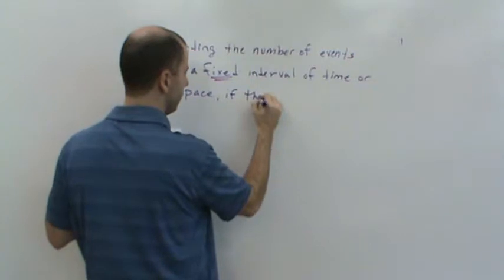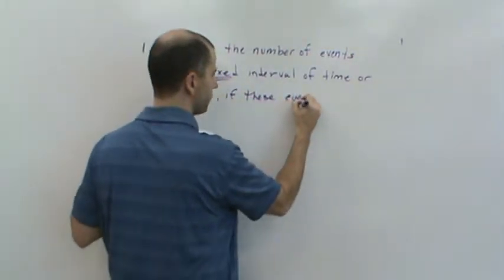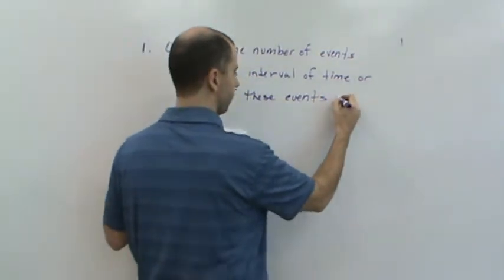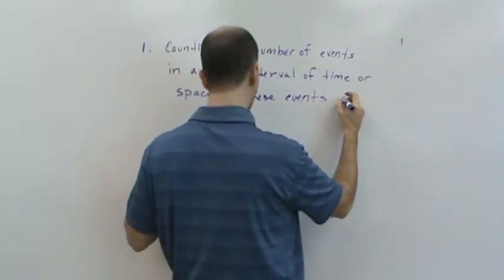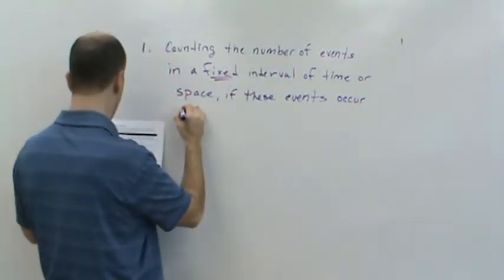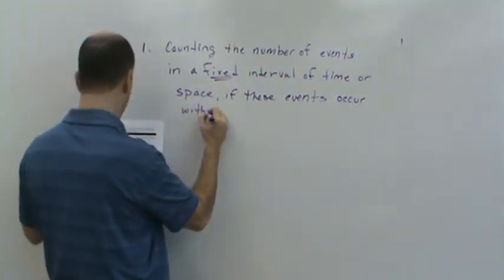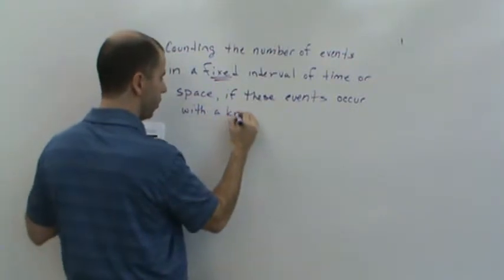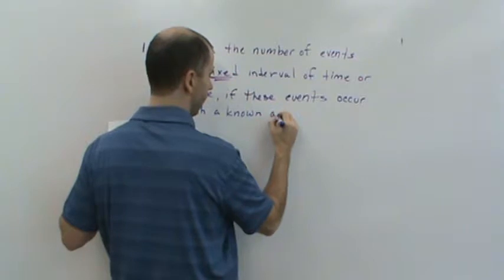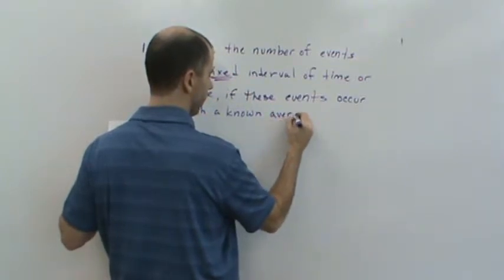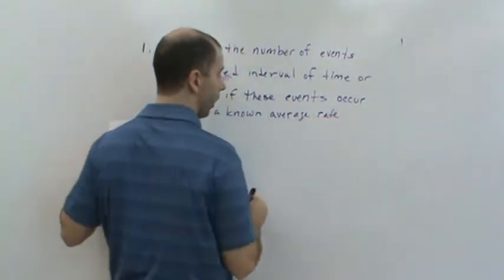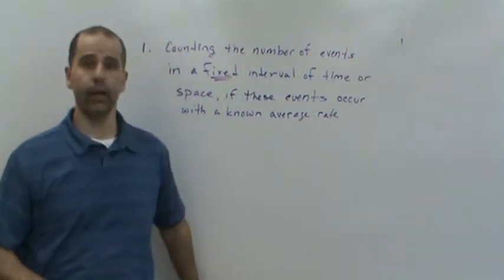So here are the conditions. If these events occur with a known average rate, so the rate of occurrence.